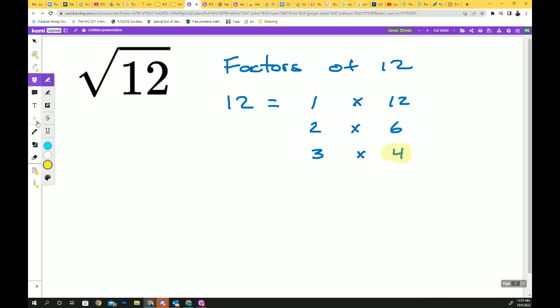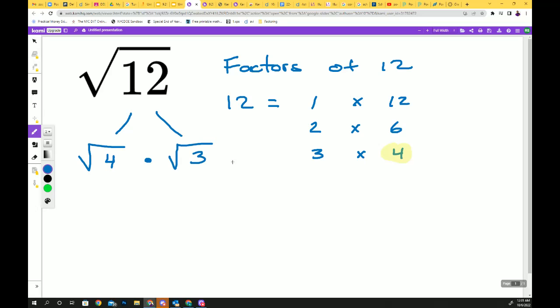So what we can do now is, since we know that 4 is a perfect square, we can break this square root up into the square root of 4 times the square root of 3. The square root of 4 times the square root of 3 is the square root of 12.